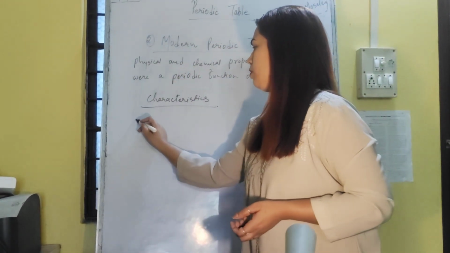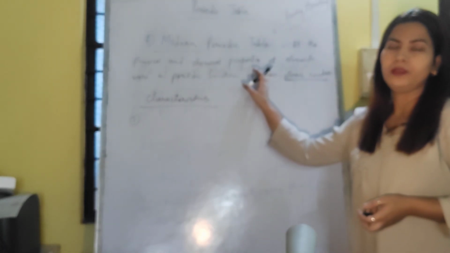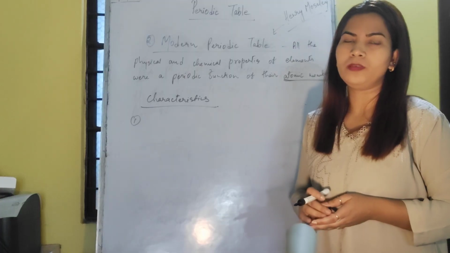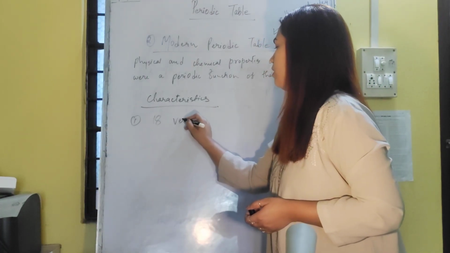The first point: in the modern periodic table, there were 18 vertical columns which are known as groups.